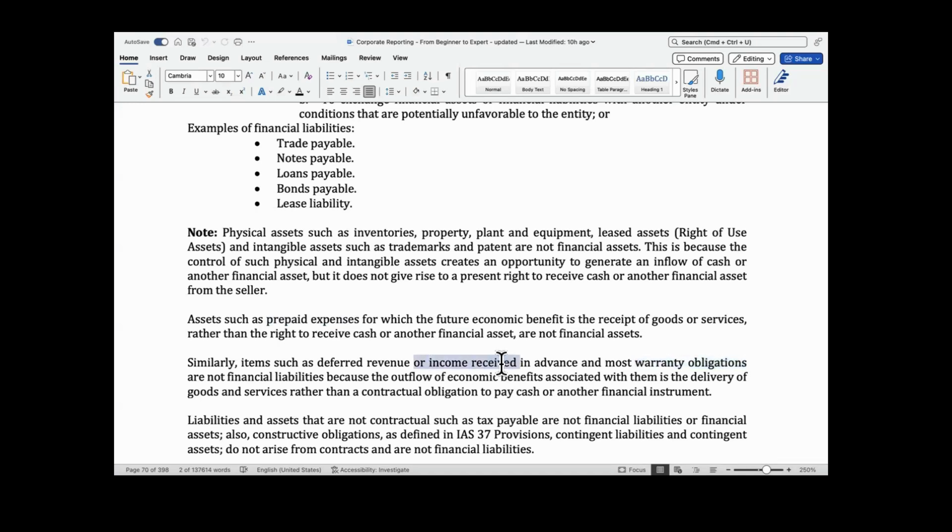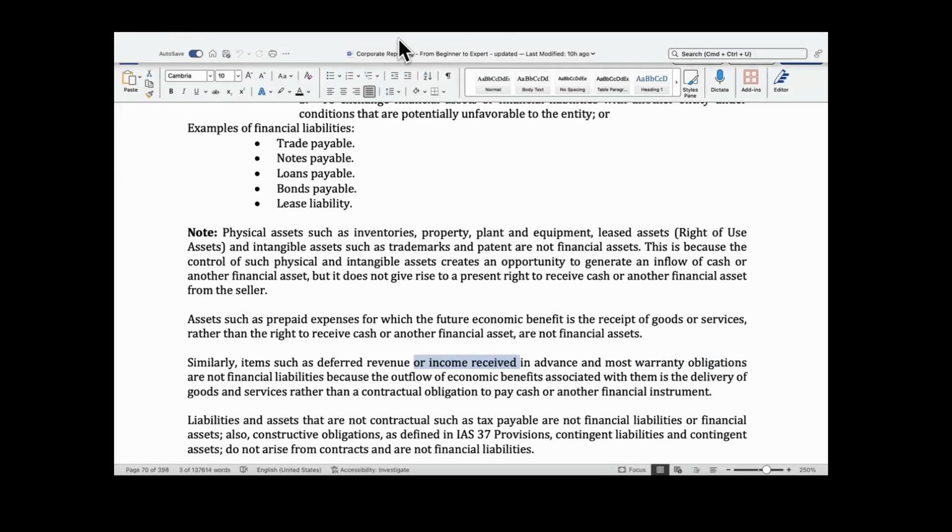When you receive money in advance for services you have not offered, then offer the service. You are not giving cash, you're going to offer a service. The obligation you have is to deliver service. It is when your obligation is to deliver cash, then you have a financial liability.